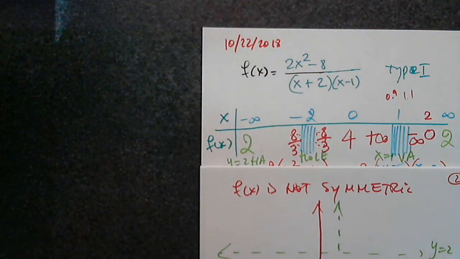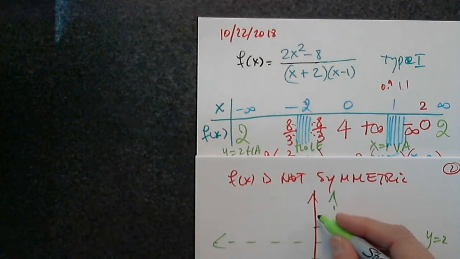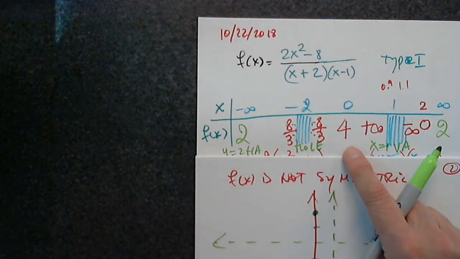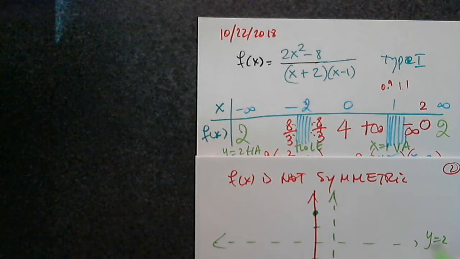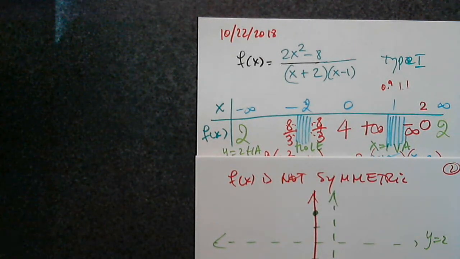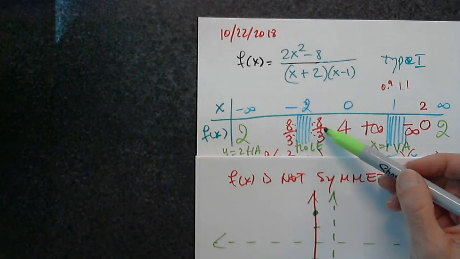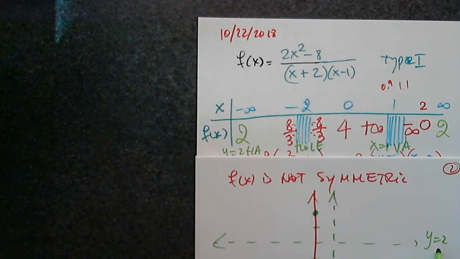So now I'm going to just use the information I have summarized in the table. So then at 0, 4, I have a point. At 2, 0, I have another point, 2, 0. At negative 2, 8 divided by 3 is almost 3, but definitely more than 2, right? So I'm going to say 8 divided by 3 is somewhere here.